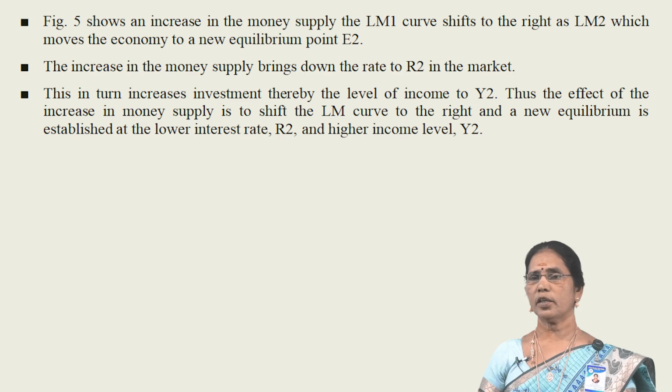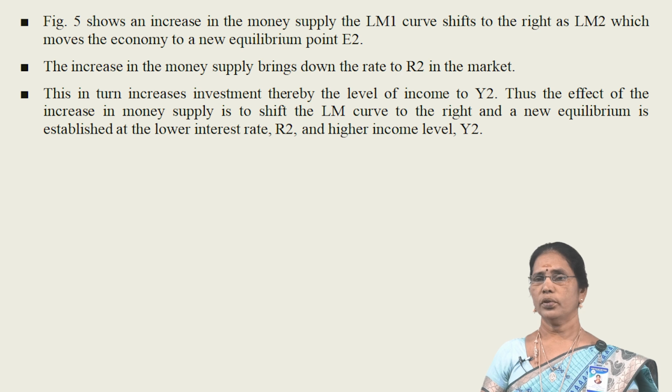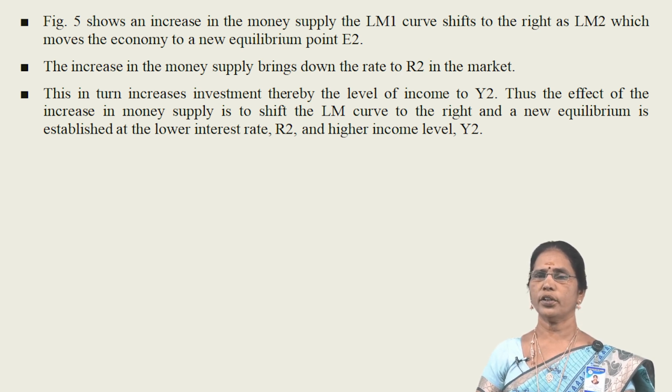With an increase in the money supply, the LM1 curve shifts to the right as LM2, which moves the economy to a new equilibrium point E2. The increase in the money supply brings down the rate of interest to R2 in the market.